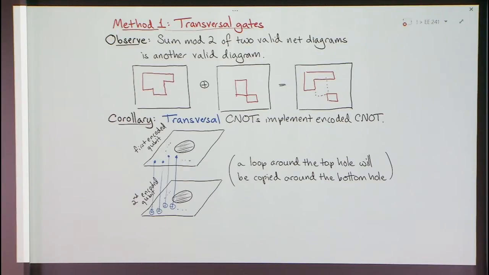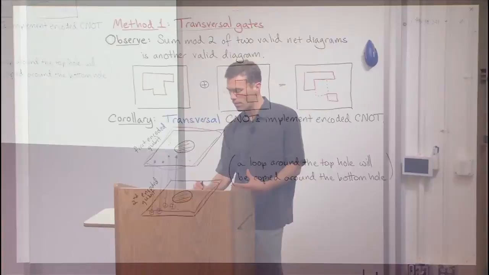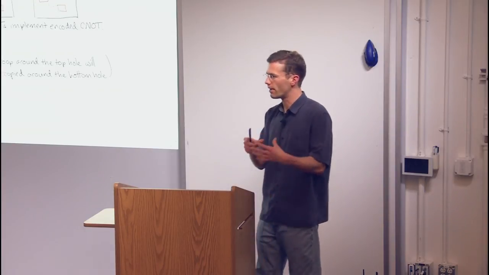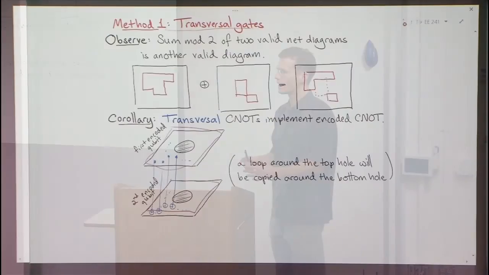What this means is that we can just take 2 code blocks. So here's one code block with 1 qubit. Here's another qubit encoded in the second block of the surface code, and just apply CNOTs from corresponding qubits of the first block to the corresponding qubits of the second block. And that'll just add mod 2 the first diagram into the second diagram. So it'll take a valid stringnet diagram into another valid stringnet diagram.